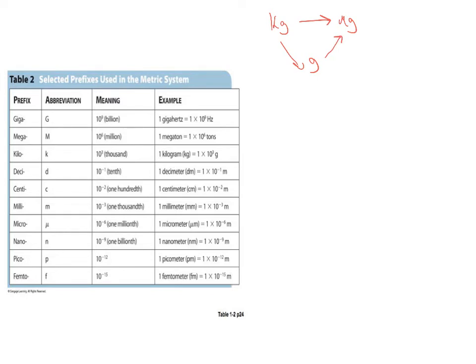Let's look at an example. If we have a very small number of kilograms, we will first use our appropriate prefix in order to convert to grams. So there are 10 to the third grams per 1 kilogram.